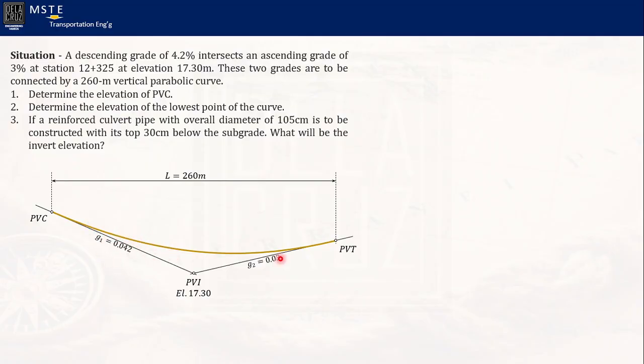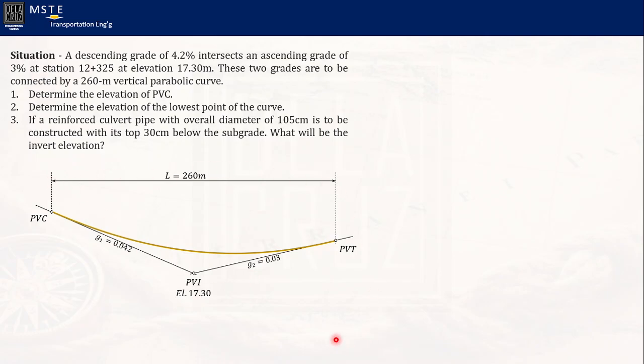Napakaliit lang ng grades dito, kaya we'll be considering the length here as horizontal. And also the stationing here will be measured horizontally, not along the curve. Actually, along the curve siya, but that is very negligible lang, kaya we can approximate the length here as a horizontal length.